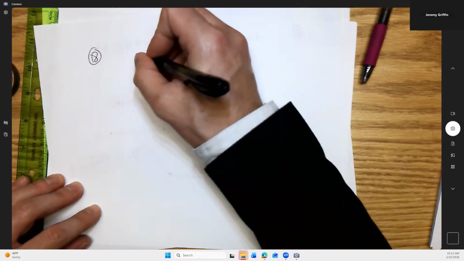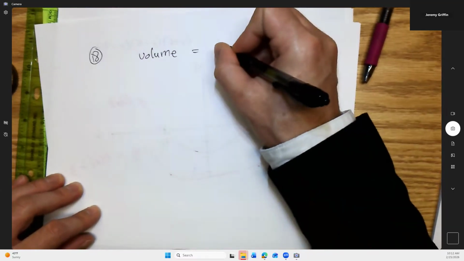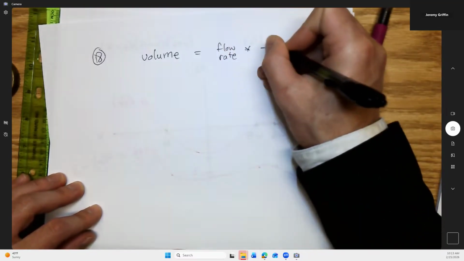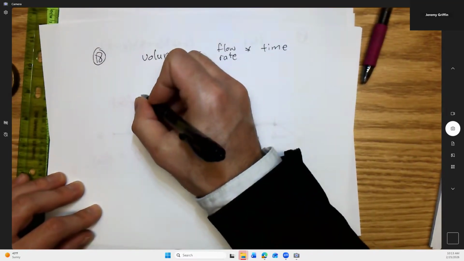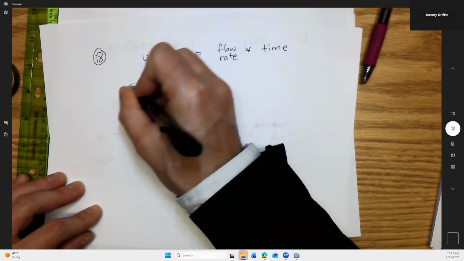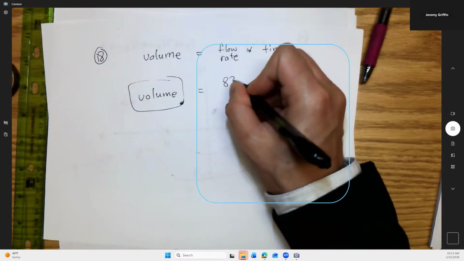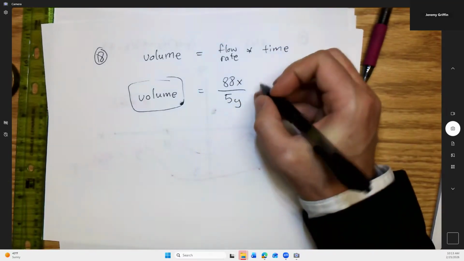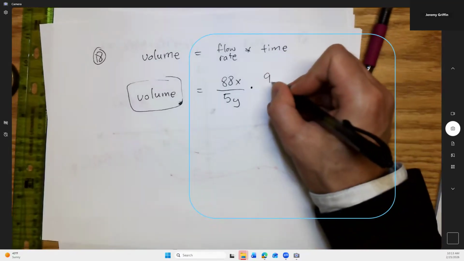I'm going to say volume equals flow rate times time. Represents the number of ounces. Okay, so I think we're solving for some kind of volume. And they told us the flow rate is 88x ounces every 5 minutes. Okay, and then the time we're doing this for is 9 minutes.